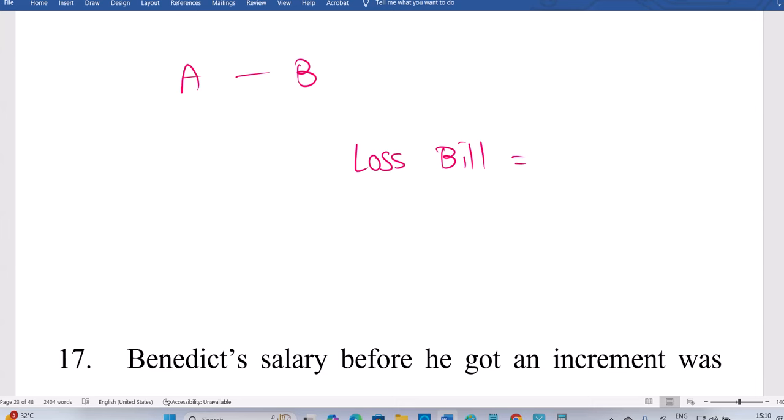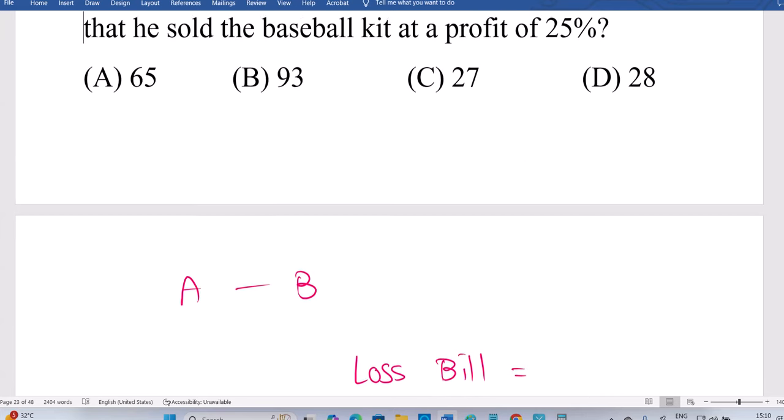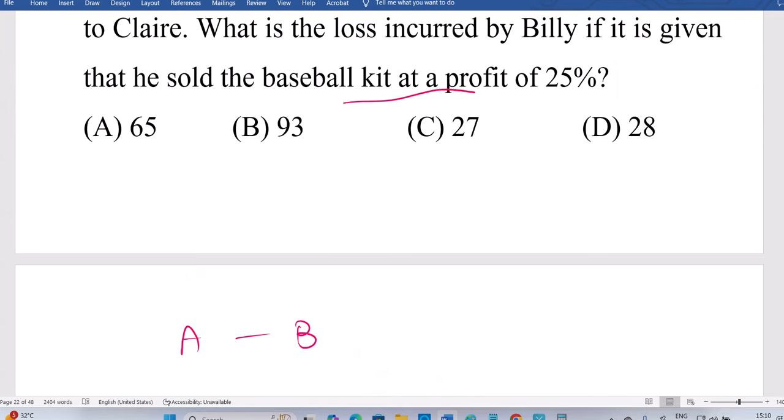No. That kit is having some profit. But sir, let's say you went to a mobile shop and purchased a phone for 10,000. That mobile may cost only 8,000 for the shop person. He lost only 8,000; profit is 2,000. Likewise, the $35 kit has 25% profit. So what is the cost price?